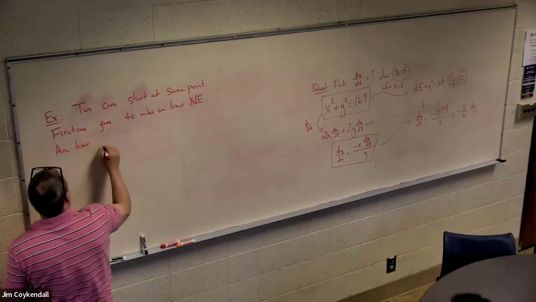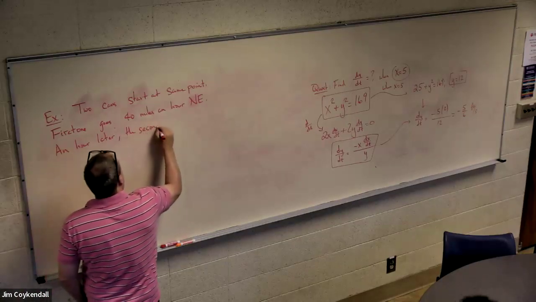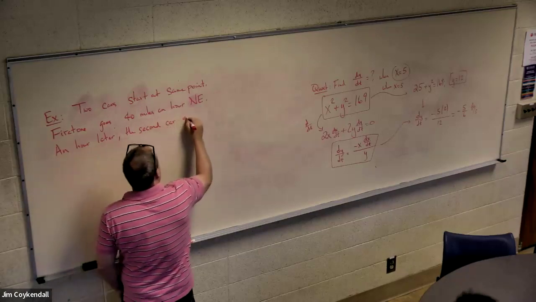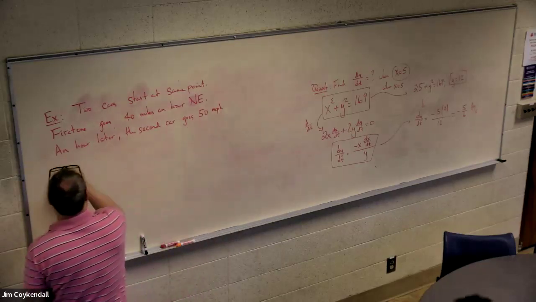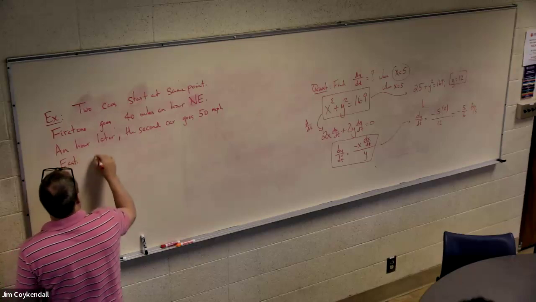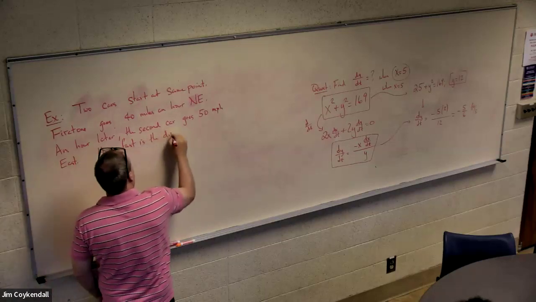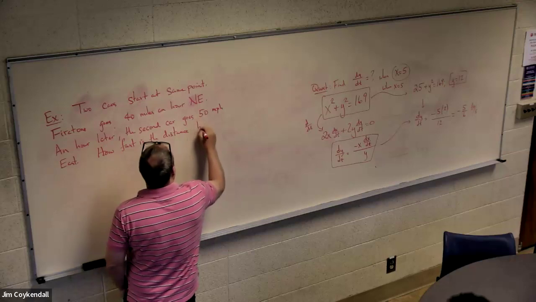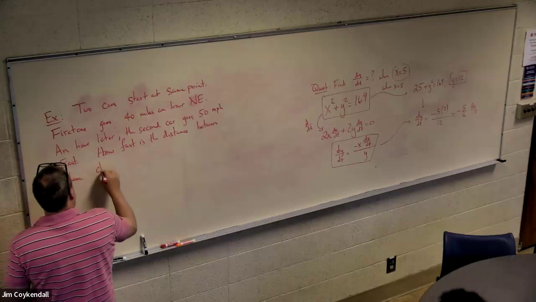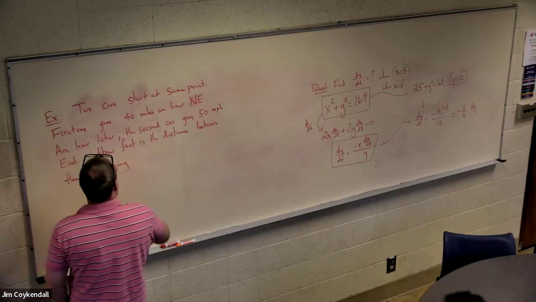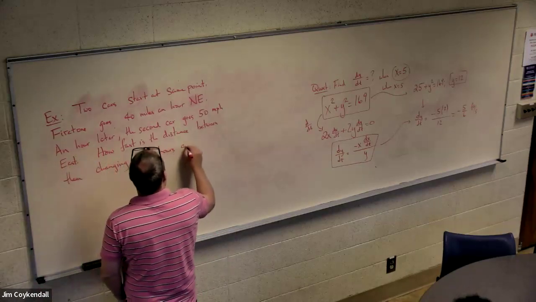An hour later, the second car goes 50 miles per hour east. How fast is the distance between them changing 2 hours after the second car starts?